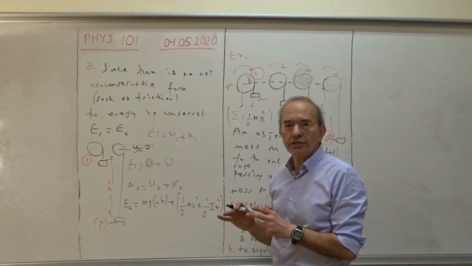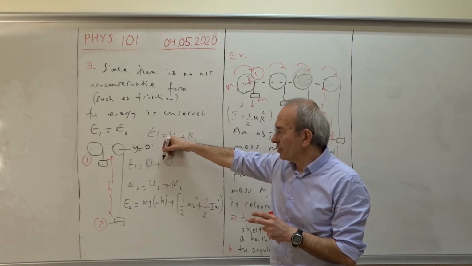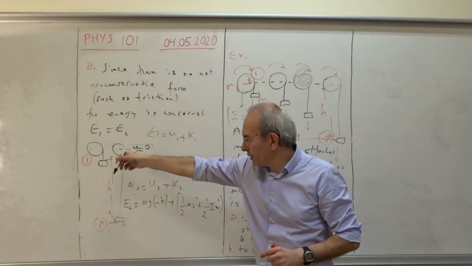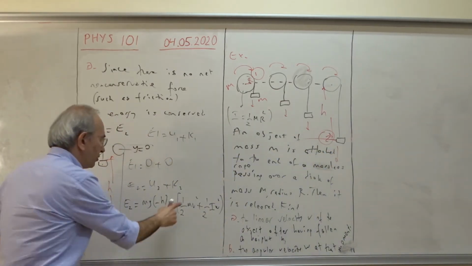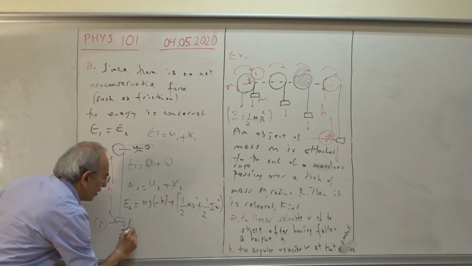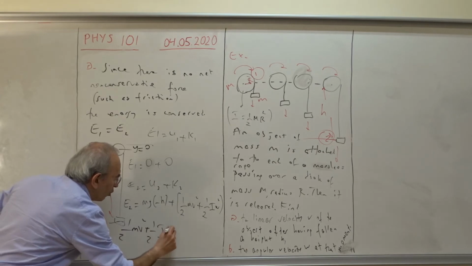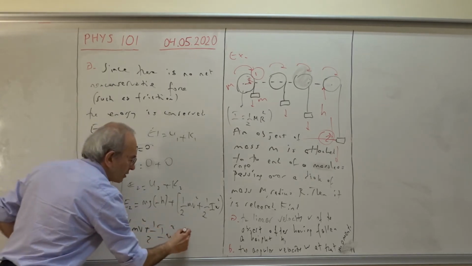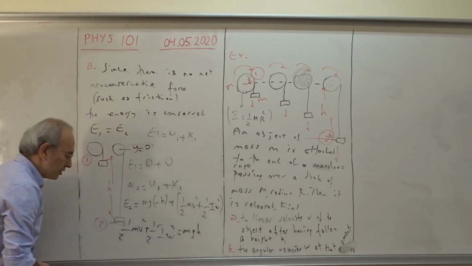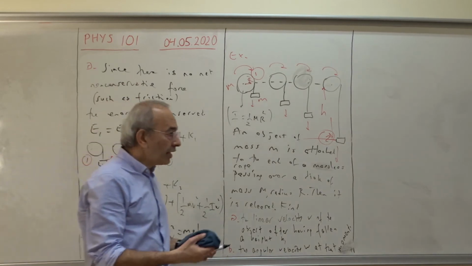First thing we have to write is this. Since there is zero on the other side, we can take the negative term to the other side. So we have 1/2 m v squared plus 1/2 I omega squared equals mgh. So this is the first thing. Next we continue.